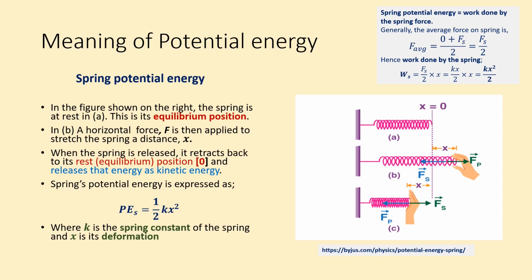So if we replace that average spring force value with kx, and you multiply that by the distance that it stretches, x, then you get kx squared. Therefore, our work done by a spring, which is essentially our elastic potential energy, is kx squared over 2, or a half kx squared.